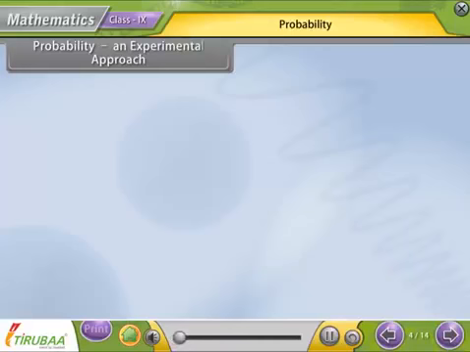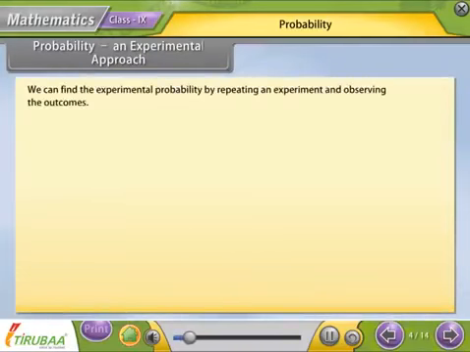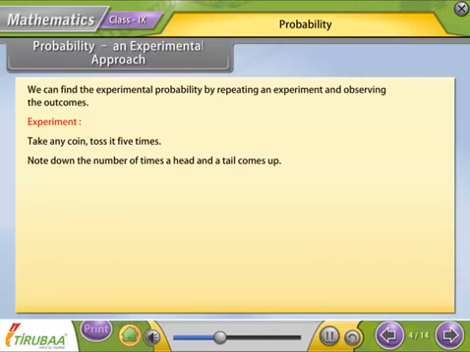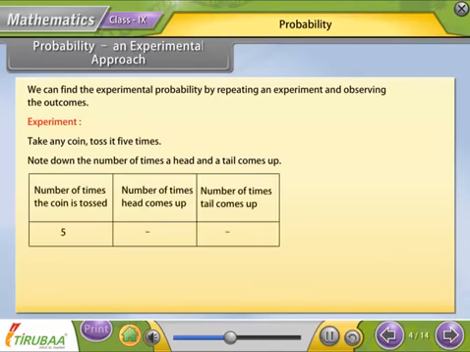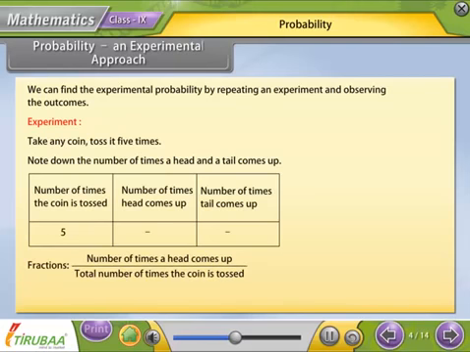Probability, an experimental approach. We can find the experimental probability by repeating an experiment and observing the outcomes. Let's do an experiment. Take any coin and toss it 5 times. Note down the number of times a head and a tail come up, and fill the given table. Then write the fractions.